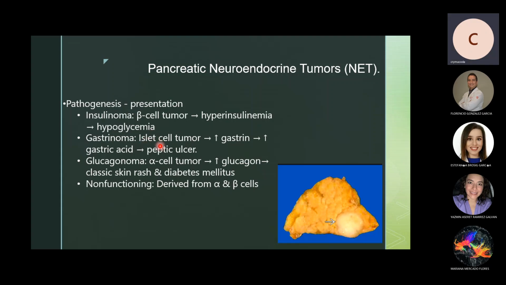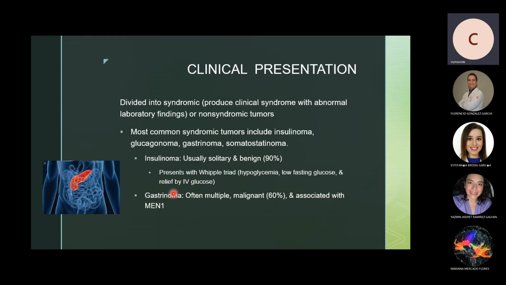The gastrinoma is an islet tumor that causes elevation of gastrin and gastric acid and posteriorly peptic ulcer that causes epigastric pain, clearly presented by our patient. And glucagonoma is an alpha cell tumor with elevation of glucagon that causes classic skin rash and diabetes mellitus, clearly not presented by the patient. And non-functioning tumors, derived from alpha and beta cells, not presented by our patient.